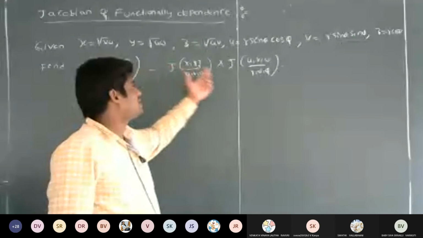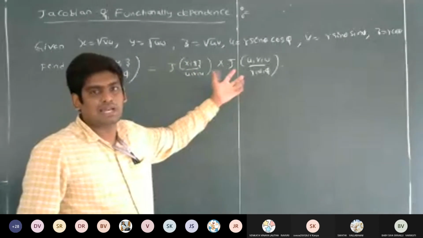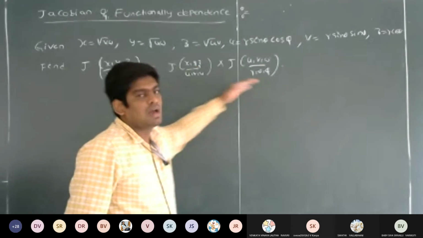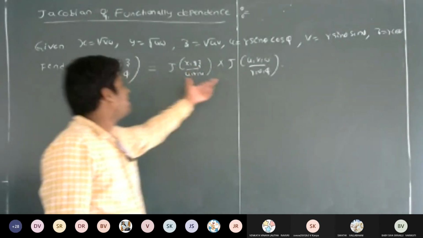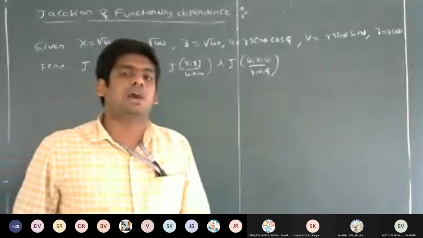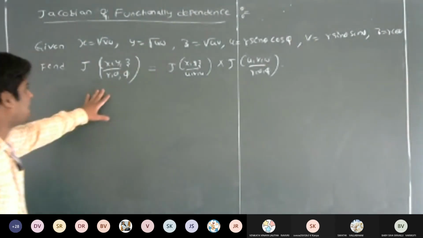First we will calculate this Jacobian and then we will calculate the other. If we multiply these two, then we will get the Jacobian of the dependent variables x, y, z with respect to r, theta, phi. So that is the concept, right?